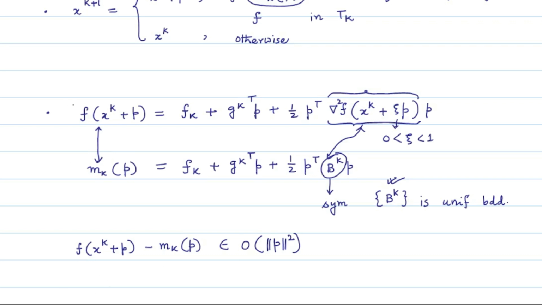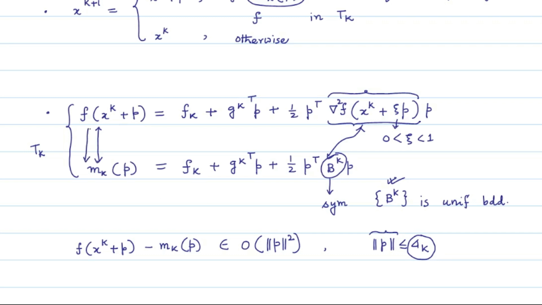All this approximating of the objective function f by mk is going on inside the trust region Tk, and inside Tk norm p is less than or equal to delta k. So if we alter the value of delta k, we get a possibility of altering the value of norm p. By taking a smaller value of delta k, we have a smaller value of norm p, and accordingly a better approximation.